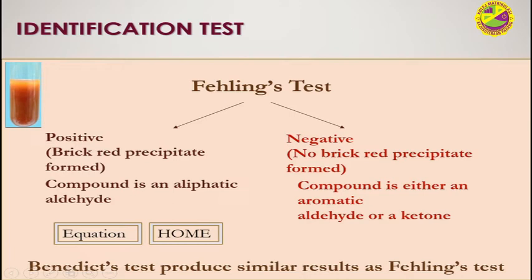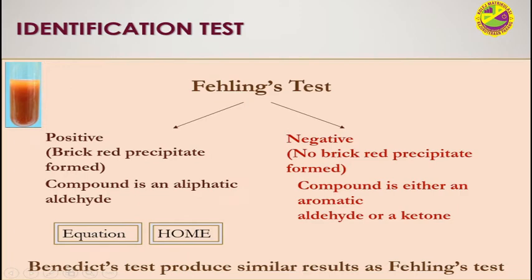We can see the example of brick red precipitate form as shown in the picture. This test is used to differentiate between an aliphatic aldehyde and an aromatic aldehyde or a ketone. Please note that Fehling's test and Benedict's test produce similar results.